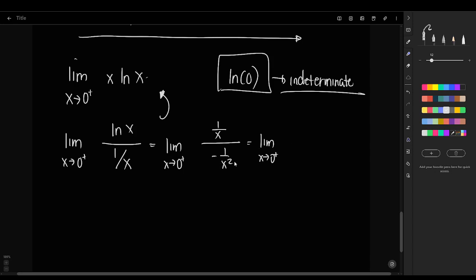Now this one can be reciprocated, and it will give you negative x, right? And so when you plug in the value of 0 here, it still gives you the 0 value. Okay, so that is the value in which if you directly solve this, it will give you indeterminate values.